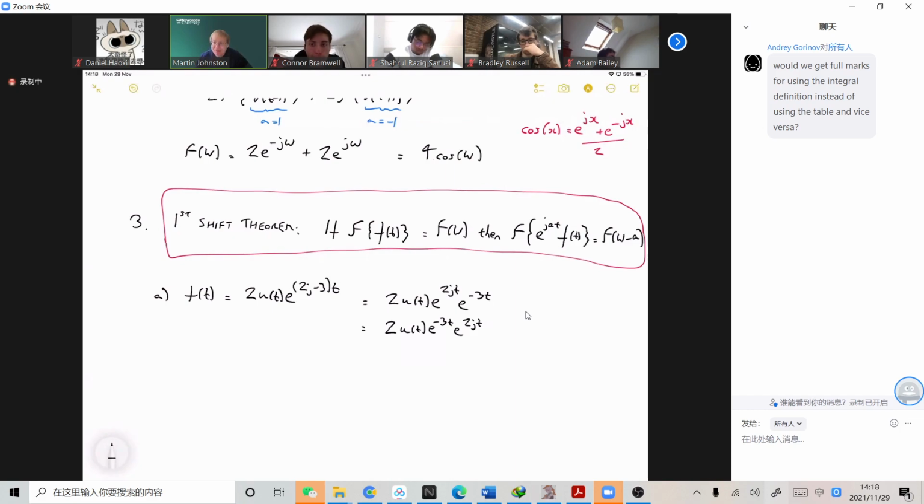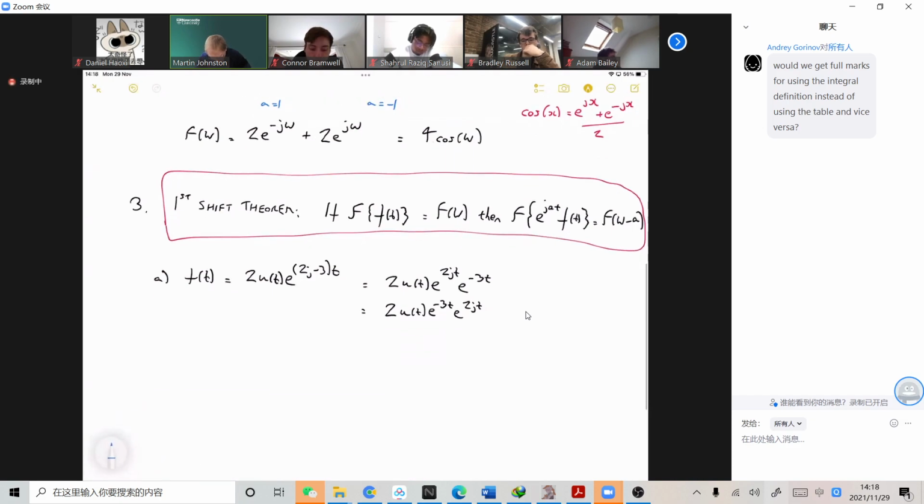Okay, now that it's written in that form, we can see that this part here looks like that's a function that's in the table. I'll call it g of t to make it different. And then we've got this part here, which looks like that. Okay, so we've got complex exponential multiplied by a function.